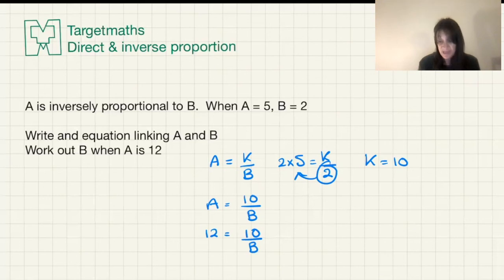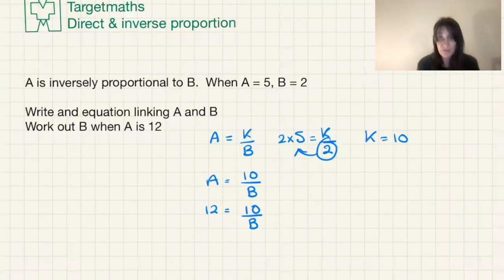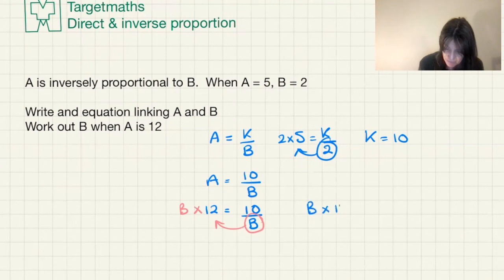Now, if I want to know what B equals, I know I've got to get it on its own. I can't move the 10. We've seen this before. I'm going to have to move the B whether I like it or not. So that divide by B comes up and it lands as B times 12. So I've got B, and I'm just going to show it rather than squash it because I'm going to move it in a minute anyway. So then that times by 12 will move, and it will land as divide by 12.